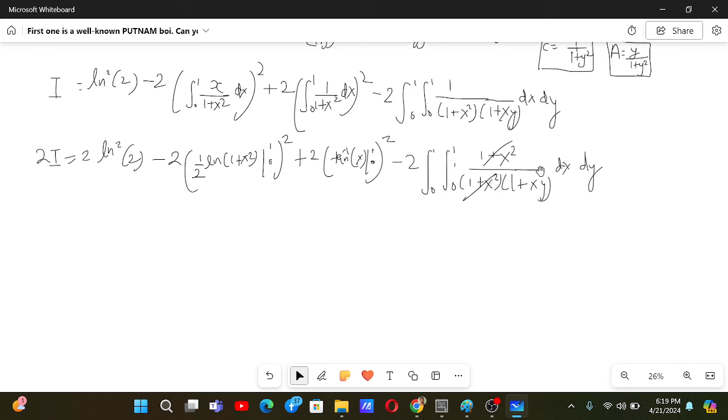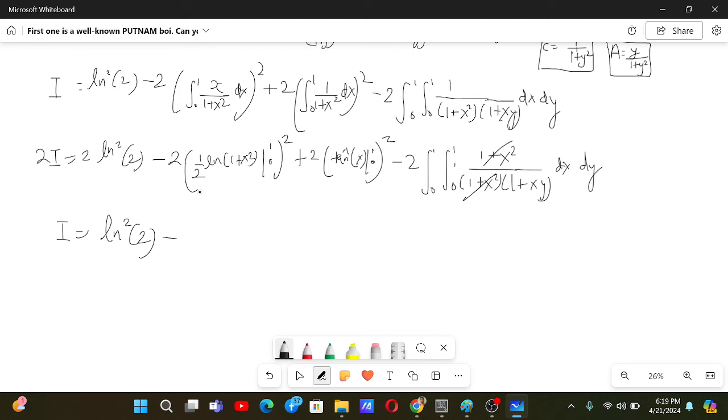I can basically change this to a geometric sum, because we have an a by 1 minus r form, and then do it. So now I equals, I can take 2 out here, ln squared 2 minus 1 by 2 ln 2. The 2 cancels out, because this 2 will cancel all the 2's over here.